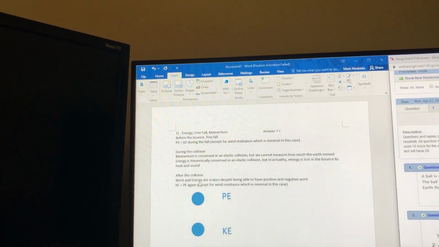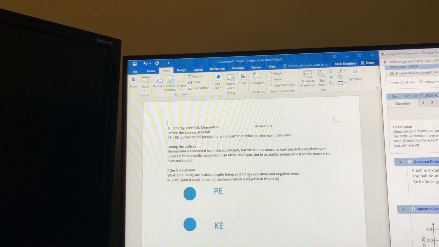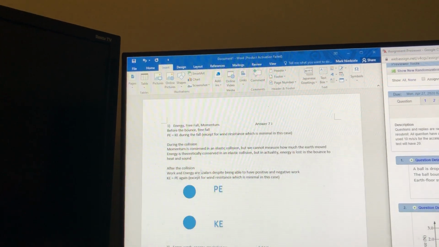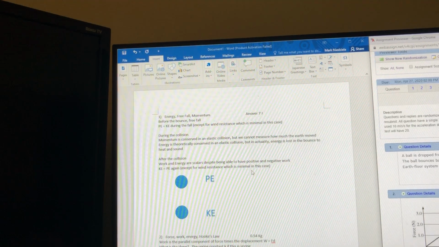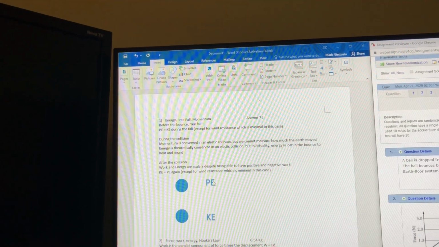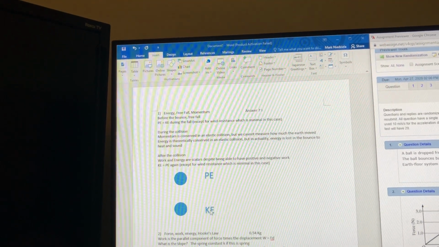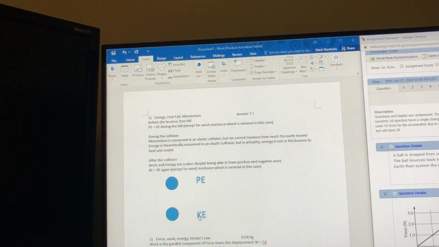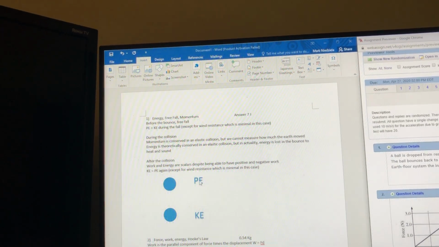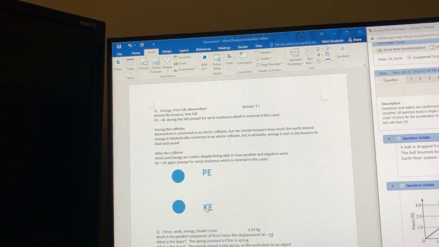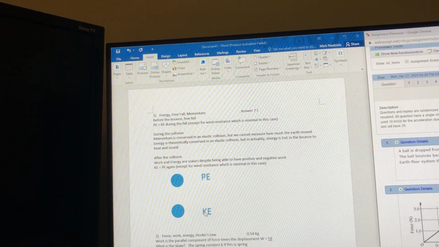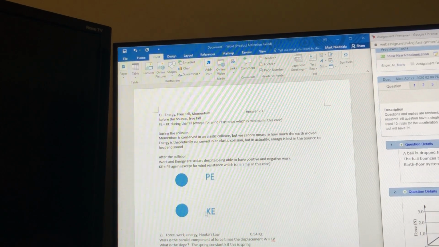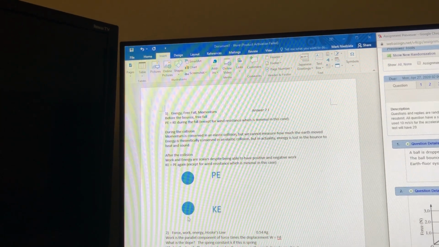After the collision, KE equals PE again, except for wind resistance. So it has 10, it fell, has 10 here again, bounced, has less than 10, goes up to 7. So the KE at the bottom must also have been 7. So where the energy and the momentum was lost was during the bounce.